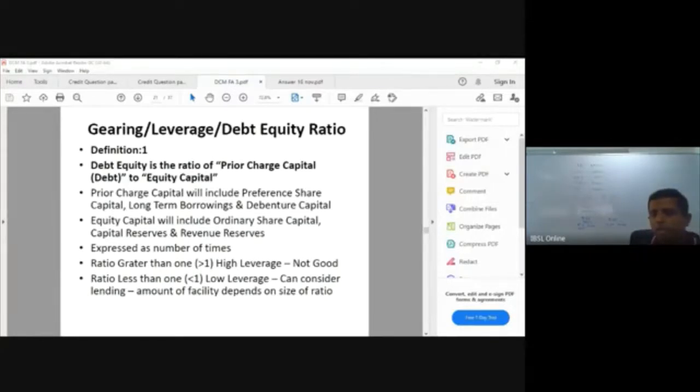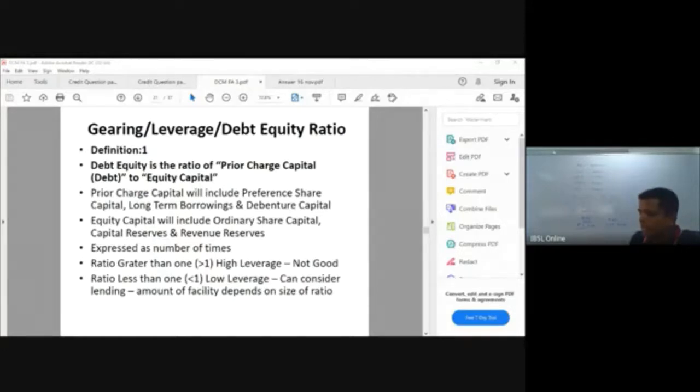Now, when marking papers, I may see more than 10 to 15% of the students may make mistakes under this calculation, that is leverage ratio calculation. Here you have to take first the long-term debt capital, then the short-term debt capital and the equity capital.